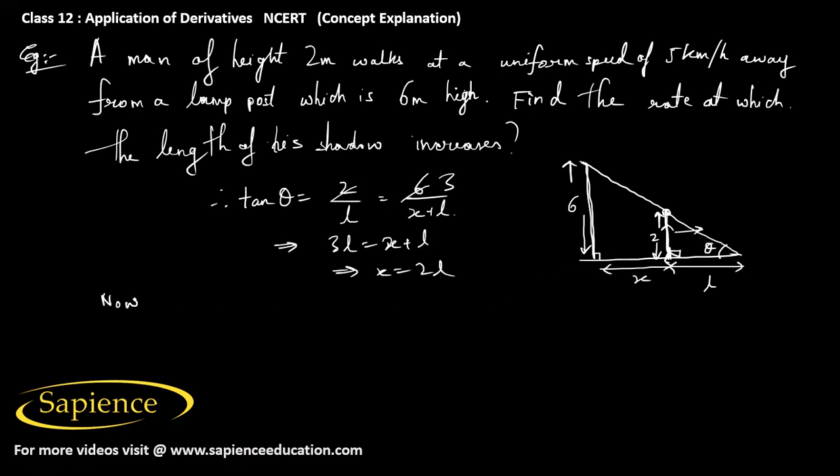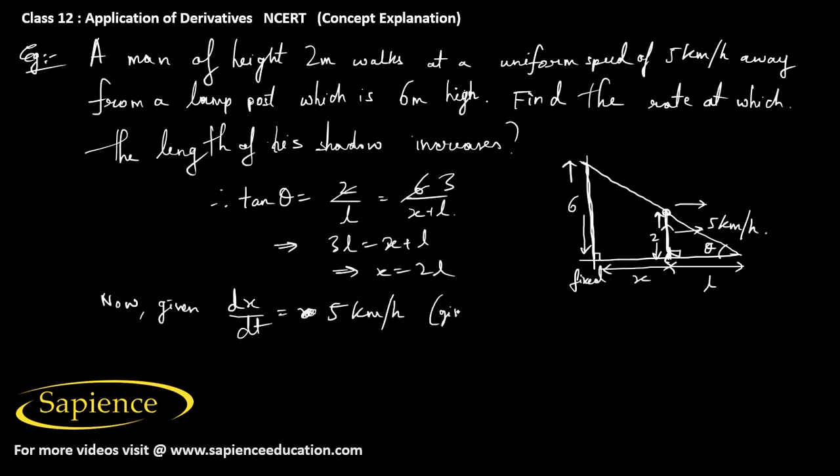So now it is given that the man is walking at a uniform speed. It means that dx by dt, the rate at which the man is running, is 5 kilometer per hour. Since the lamppost is fixed, the rate at which the distance from the lamppost is increasing, that is dx by dt, is equal to 5 kilometer per hour.